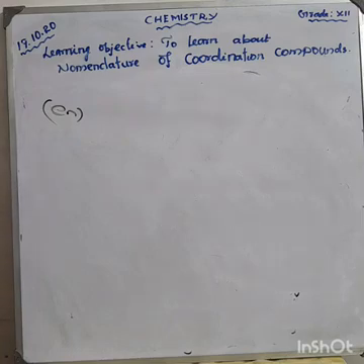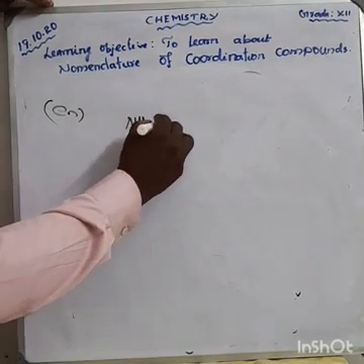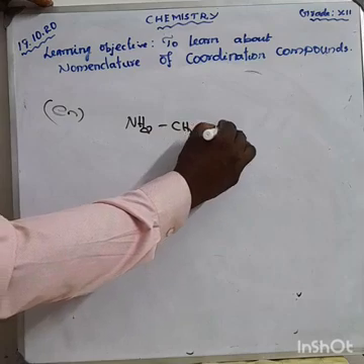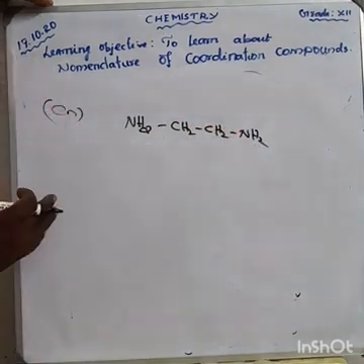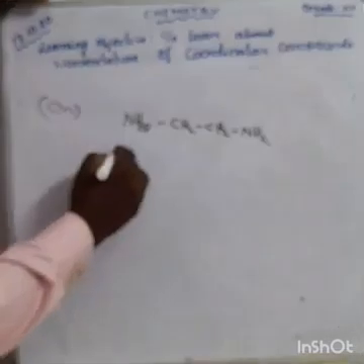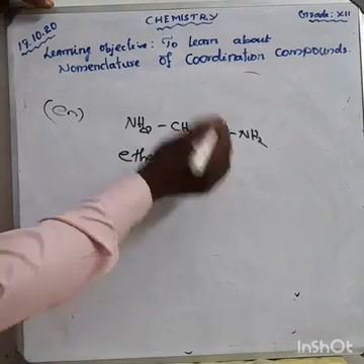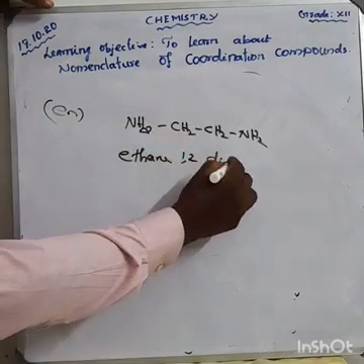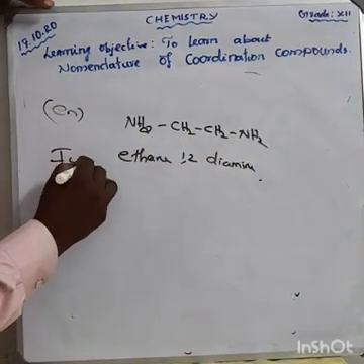What about the formula? NH2 CH2 CH2 NH2. This is ethylene diamine. As per the IUPAC name, it is ethane-1,2-diamine.